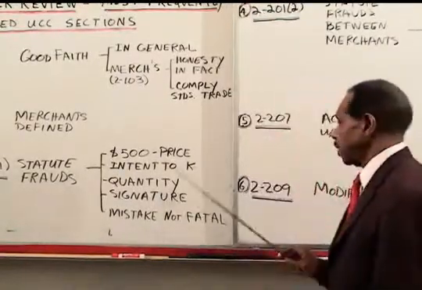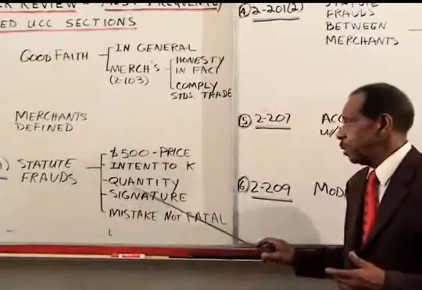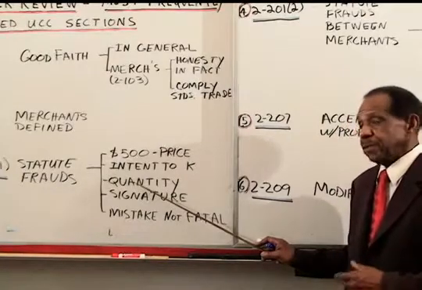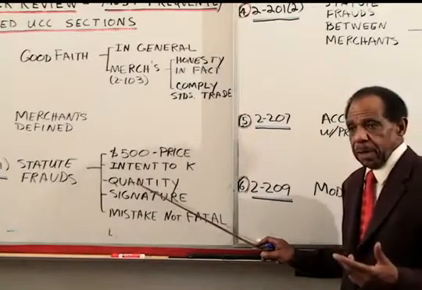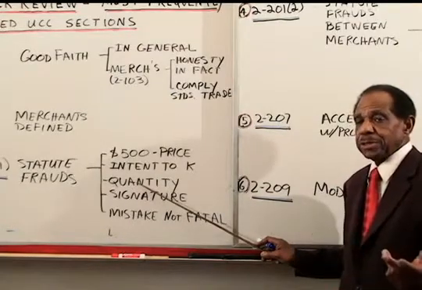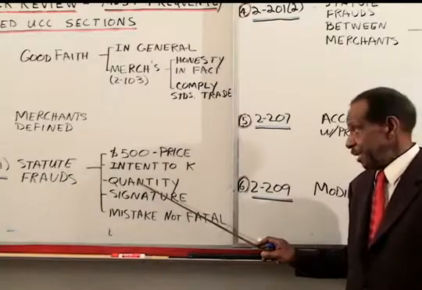And if there's a mistake in the quantity, you recall that the contract is enforceable only to the extent that the quantity is in writing. So that if we made an oral contract where I'm going to sell you 100 widgets and the writing said 10 widgets, it's only enforceable as to the 10.